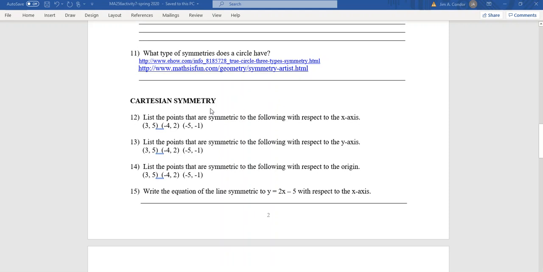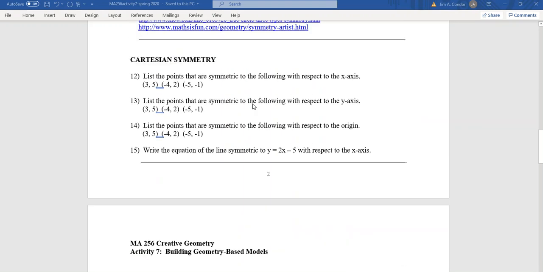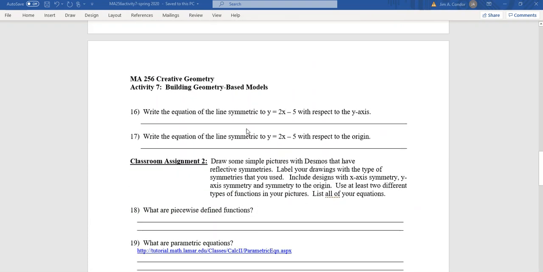All right, so let's look at this Cartesian symmetry. So if we were working with xy coordinate axes, we could talk about point symmetry, and we could talk about line symmetry. Okay, and I'm going to answer these questions in Desmos.